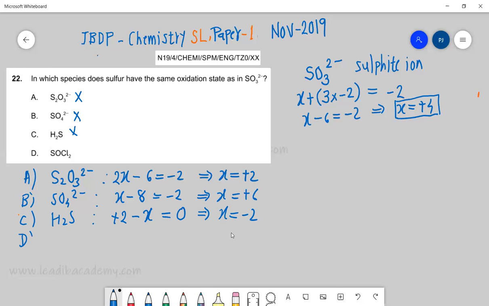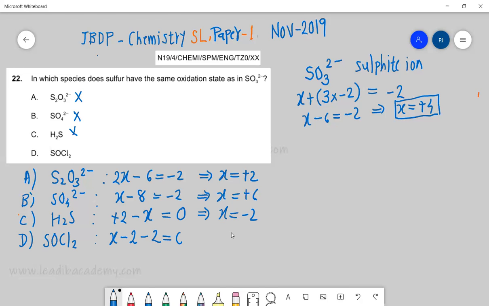Then comes D, SOCl2, thionyl chloride. So assume sulfur to be X. Oxygen, as usual, is in -2. Chlorine is -1 into 2.